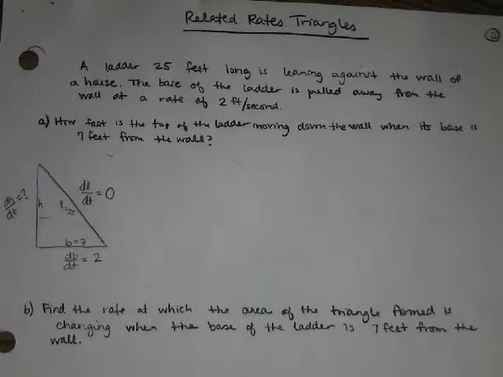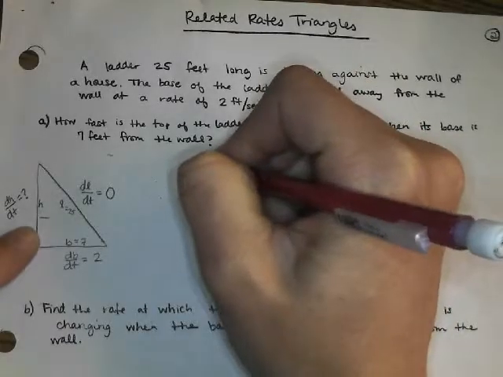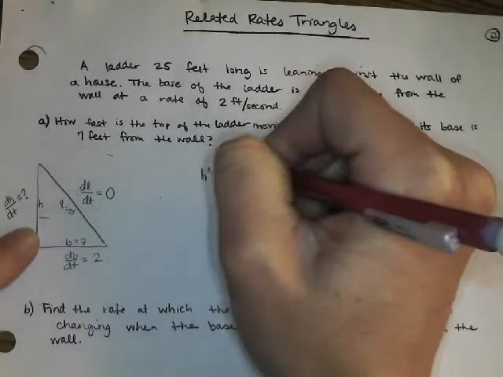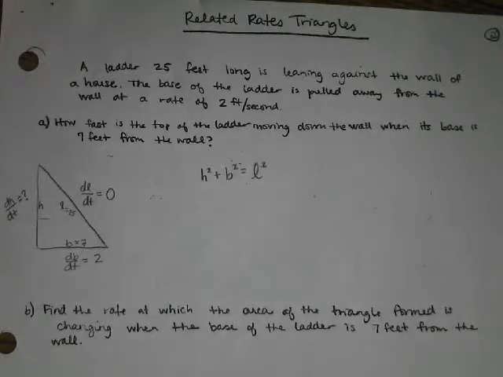If we have our variables B, H, and L, what equation brings those three variables together? Correct. H squared plus B squared equals L squared, the Pythagorean theorem. That's the formula that links the variables we're talking about here. So that's the formula we're going to differentiate.